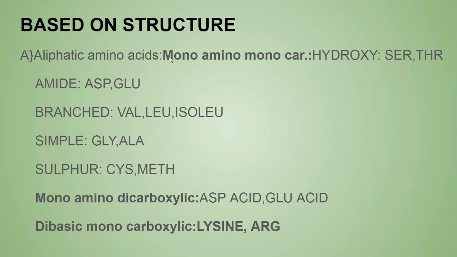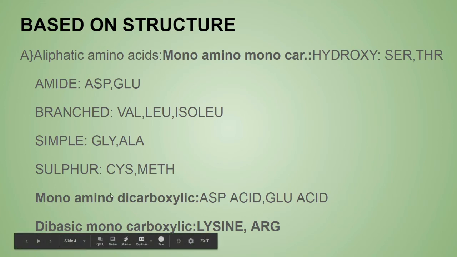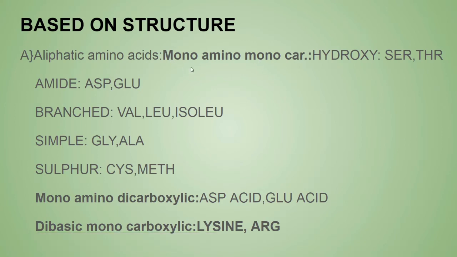In this we have three subtypes: monoamino monocarboxylic, monoamino dicarboxylic and dibasic monocarboxylic. Monoamino monocarboxylic means one amino group and one carboxylic group are attached to the carbon atom.